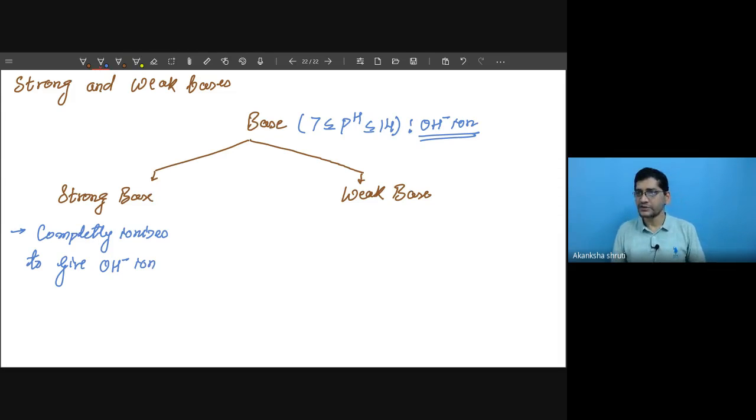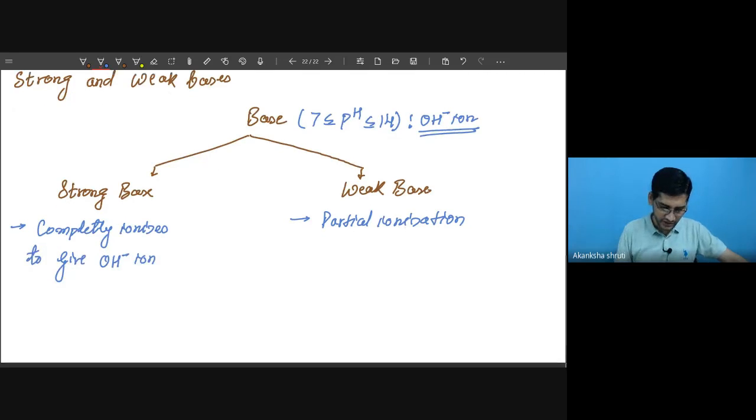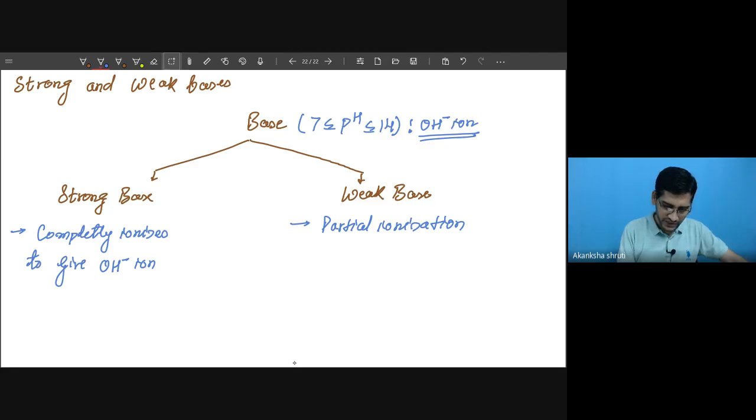This OH minus is common to all the bases. So if they are able to completely ionize, then it is called a strong base. For a weak base, it is partial ionization. Means whatever molecules you add in water, all of them will not ionize. Some of them will ionize, some of them will remain unionized. That I had explained.